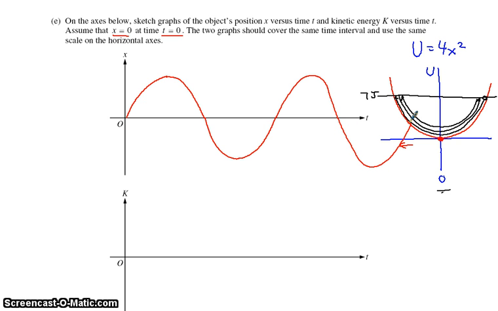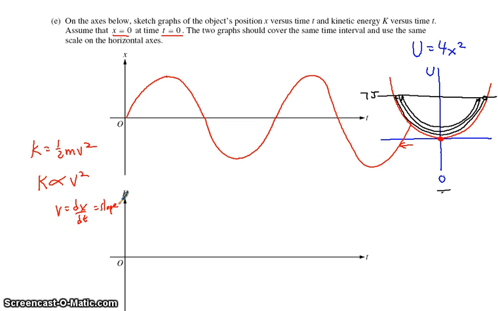So then what is the kinetic energy going to look like? And how is kinetic energy related to the graph that we just did, which is x? Well, kinetic energy equals 1/2 mv squared. So that means kinetic energy is related to speed squared. And one way of thinking about this is that speed is the derivative, or in other words, the slope of a position versus time graph.